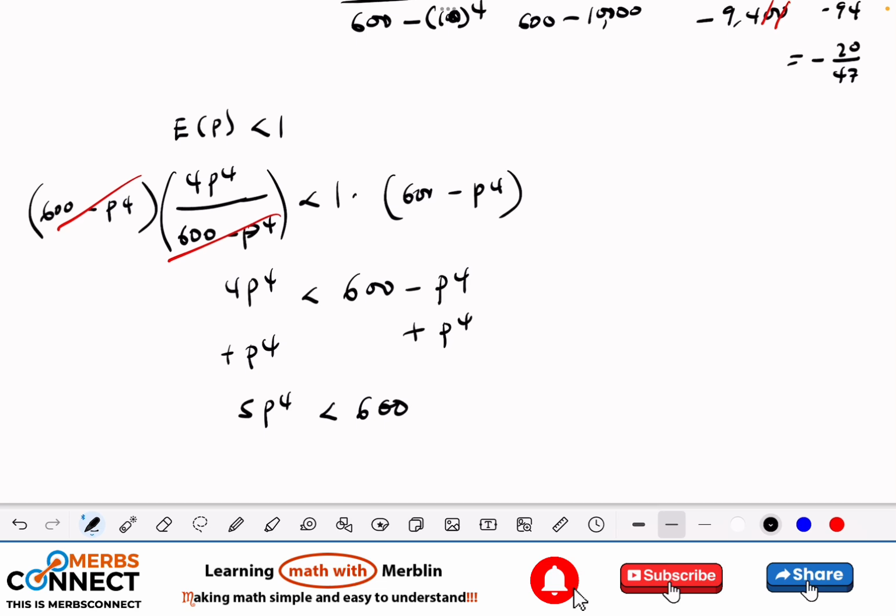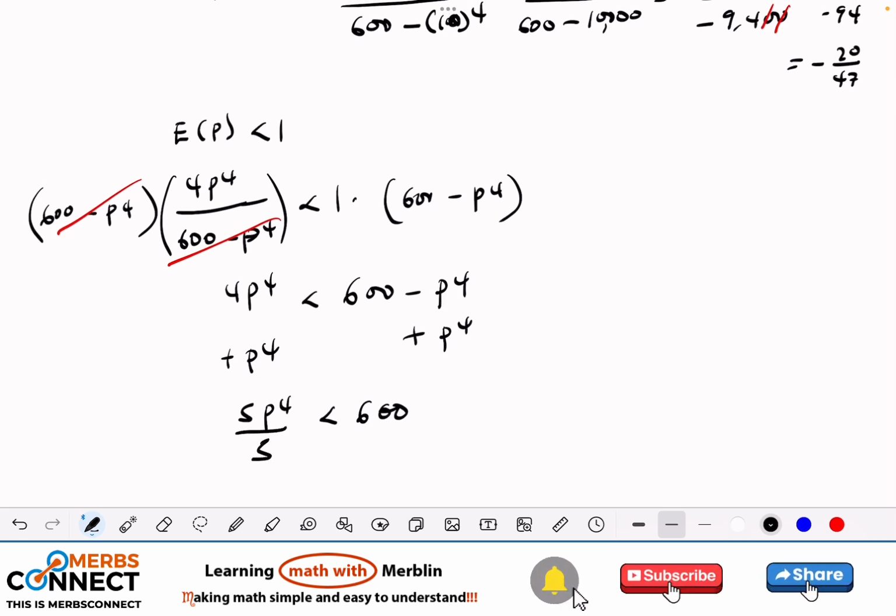Then now, what am I going to do? I'm going to divide this one by 5, divide this one by 5. So this implies that P to the power 4, because this one will cancel this, is going to be less than, now 5 goes to 600, how many? 120, right?